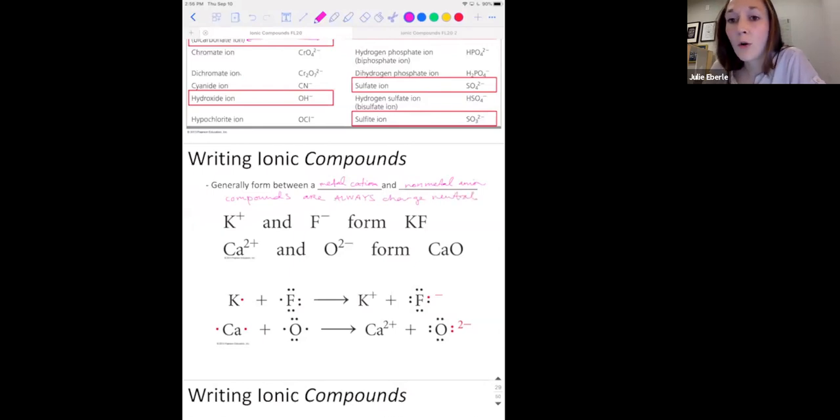Ionic compounds are always charge neutral, meaning the amount of positive charge you have from your cations has to balance the amount of negative charge we have from the anions, okay? And we can't change the charges on them, but we can change the ratios, how many cations and how many anions we need to get a charge neutral compound. So we're going to look at several examples of how we do that.